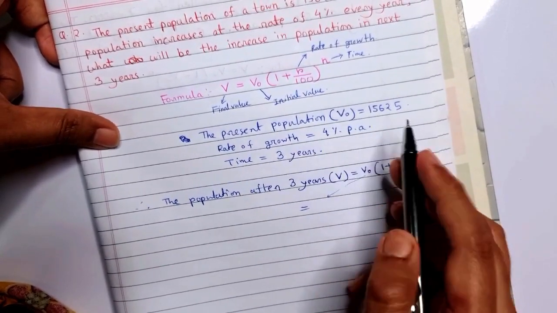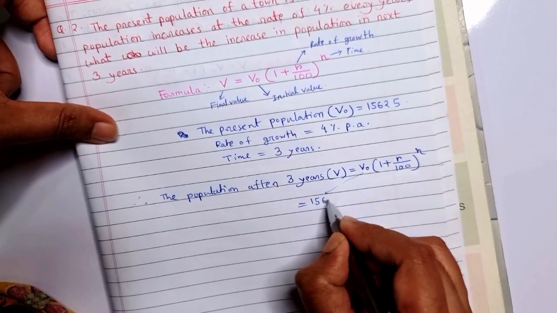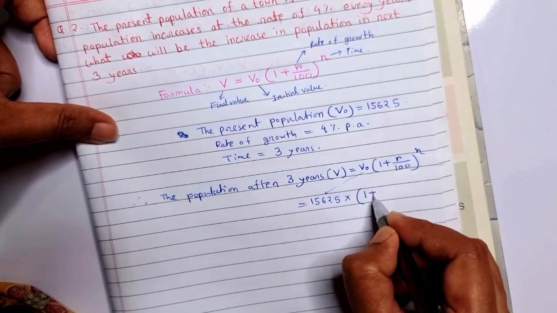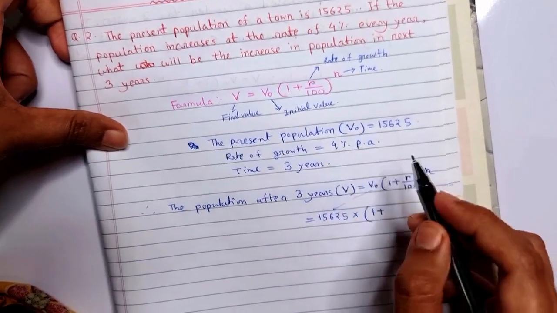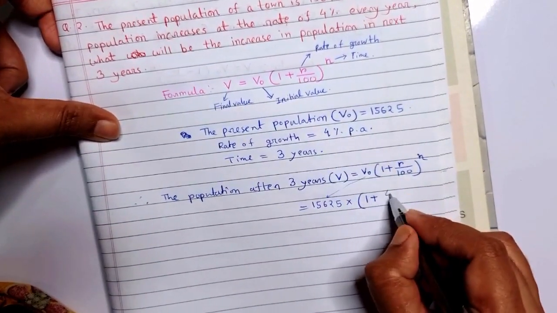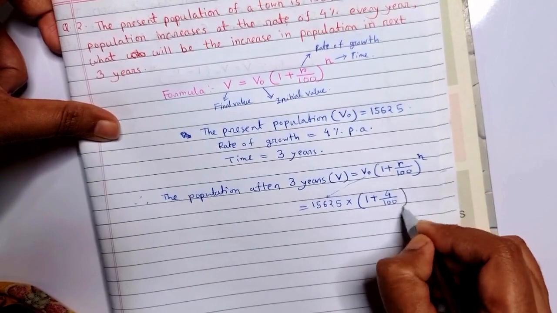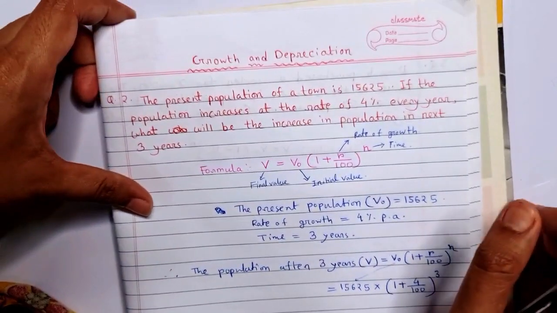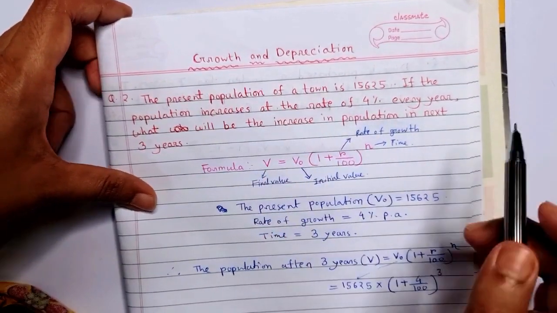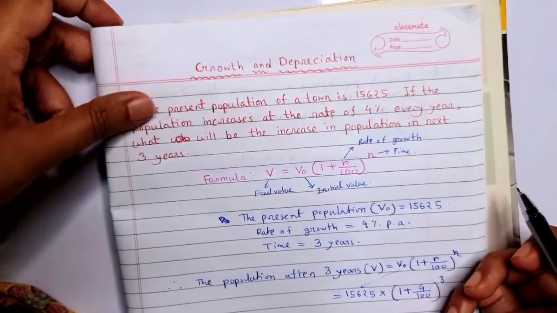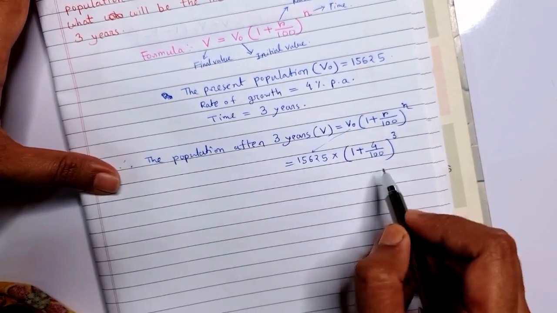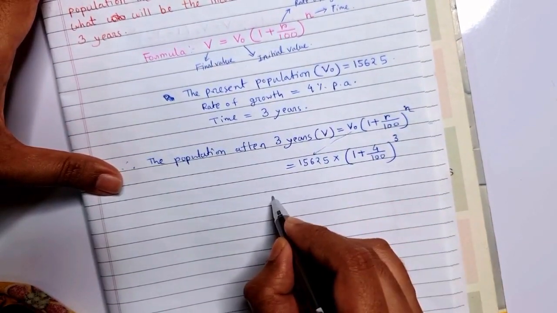The V0 means 15,625 into (1 plus rate of growth, which is 4, by 100) whole to the power 3. This math is very similar to the chapter compound interest. That's why these are given together. This formula is exactly similar to the formula of compound interest.